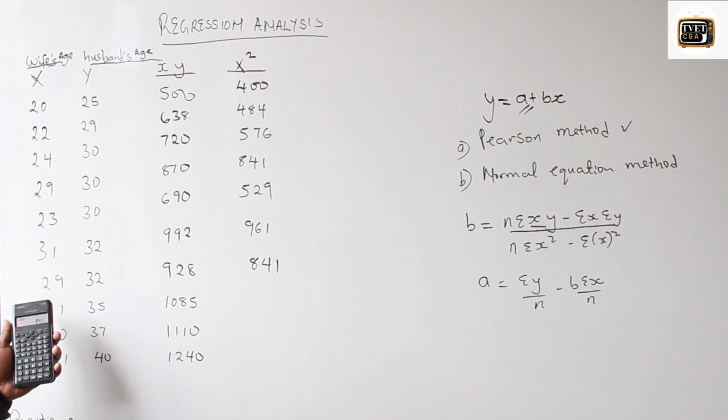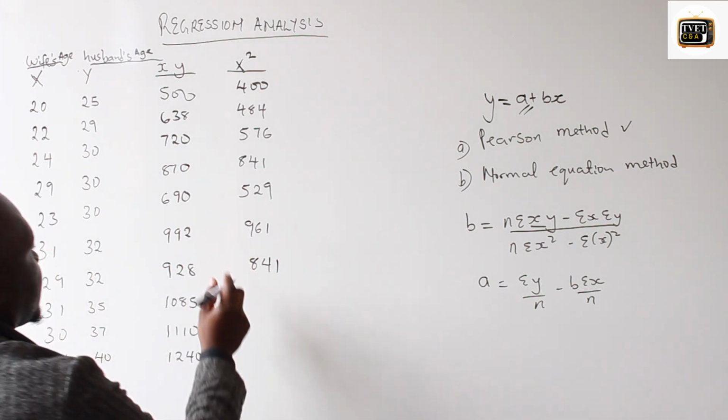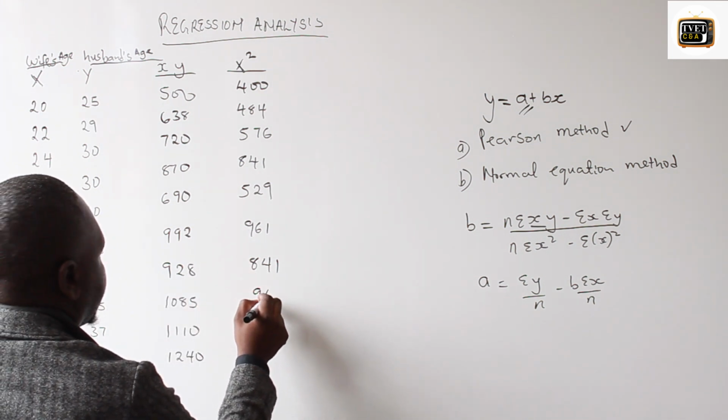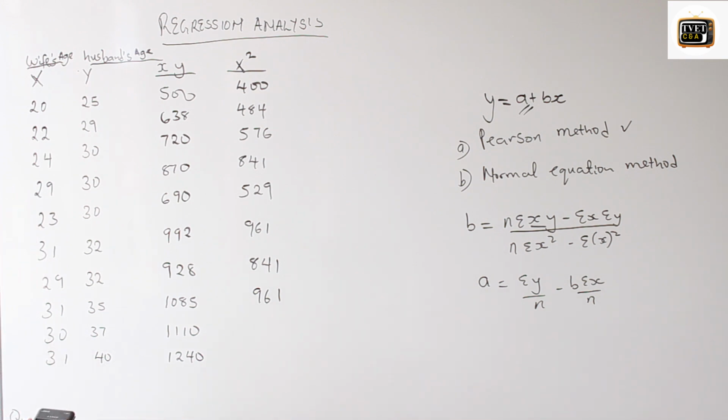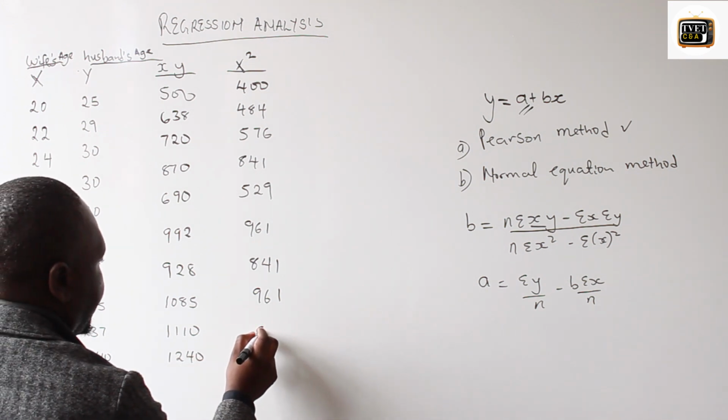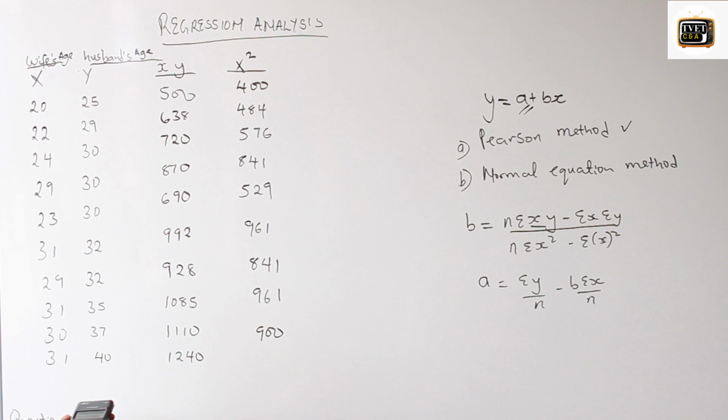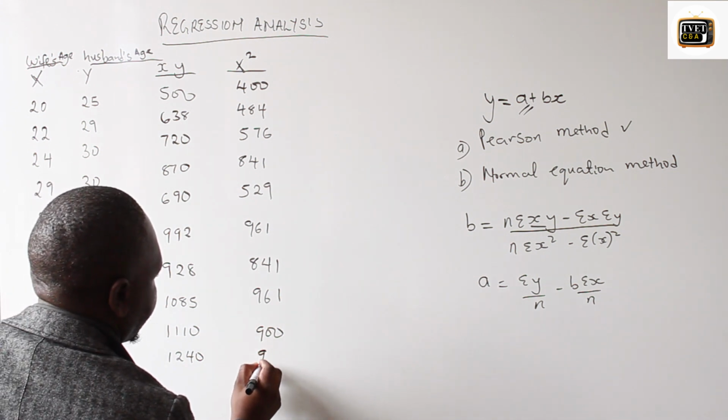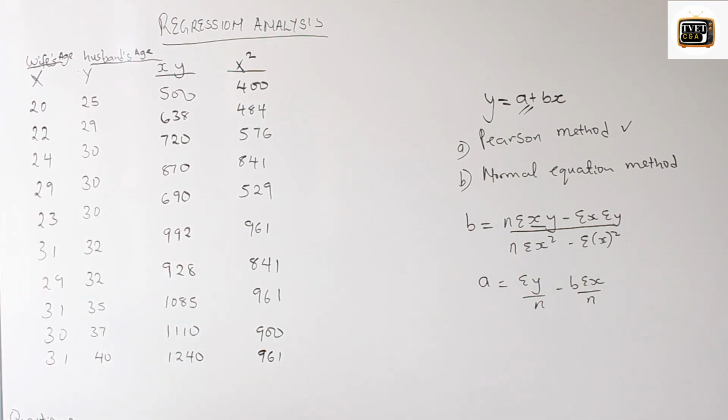Then again 31 squared, which you already computed, just paste the answer, 961. 30 squared is 900. Then 31 squared again, 961. With that one, we are almost halfway.